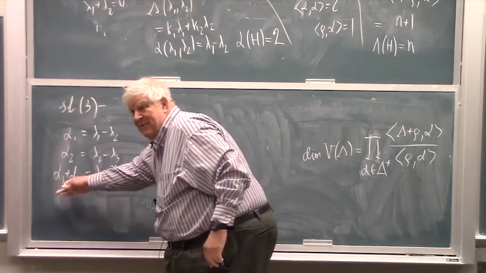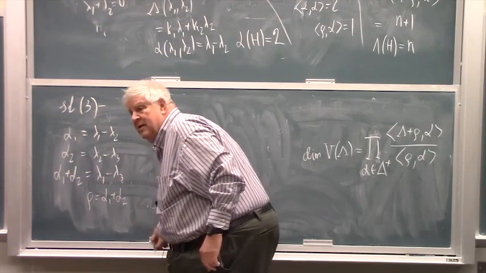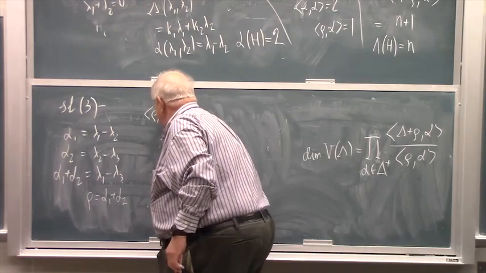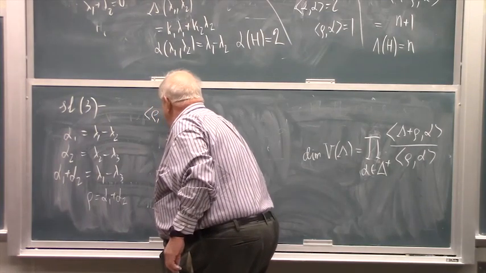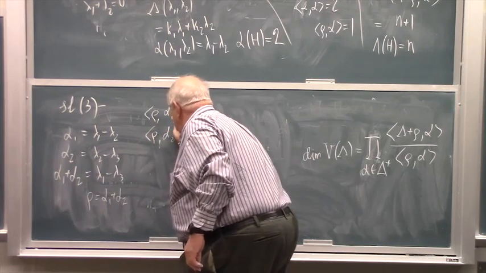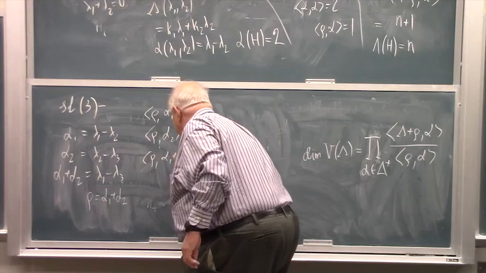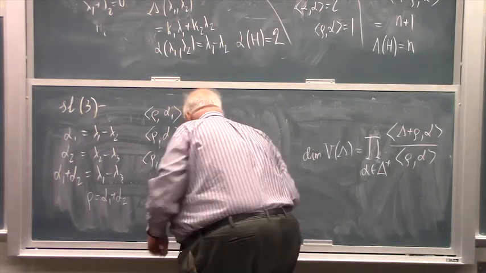Rho is the sum of the 3 over 2, so rho is alpha 1 plus alpha 2. Rho alpha 1 is 1, rho alpha 2 is 1, rho alpha 1 plus alpha 2 is 2.